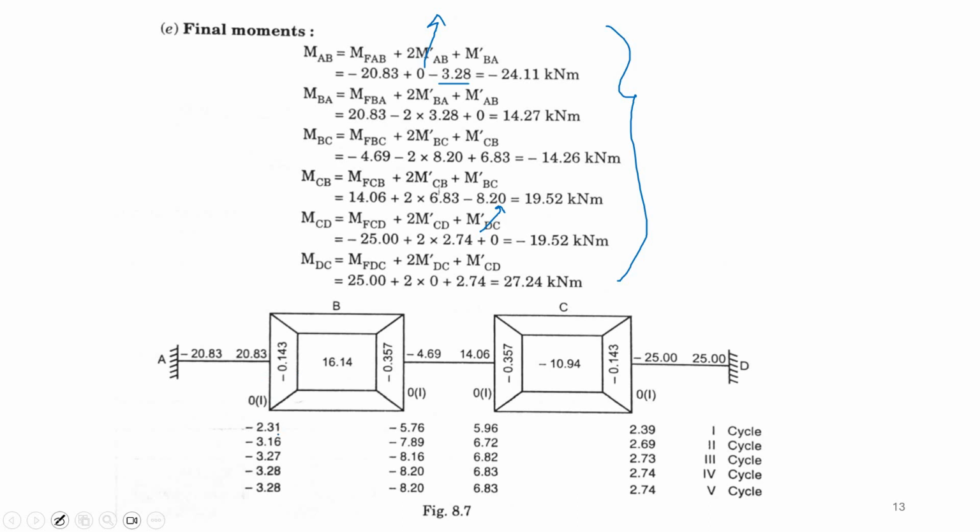So first it was assumed 0 and you got 5.76. This 5.76 is used for calculating these two values. Then this 5.96 is used to calculate these two values.